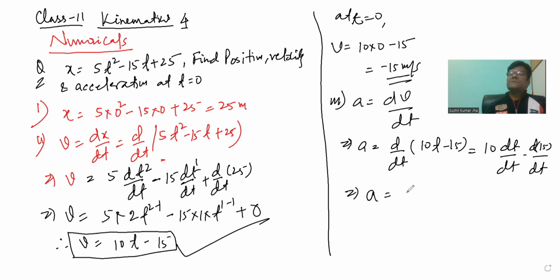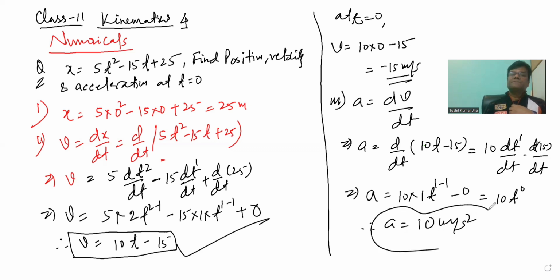So a becomes 10 into, over here power is 1, so n x to the n minus 1, 1 into t to the power 1 minus 1, minus 0. So it will be 10, t raised to the power 0 is 1. Therefore, acceleration becomes 10 meter per second square.